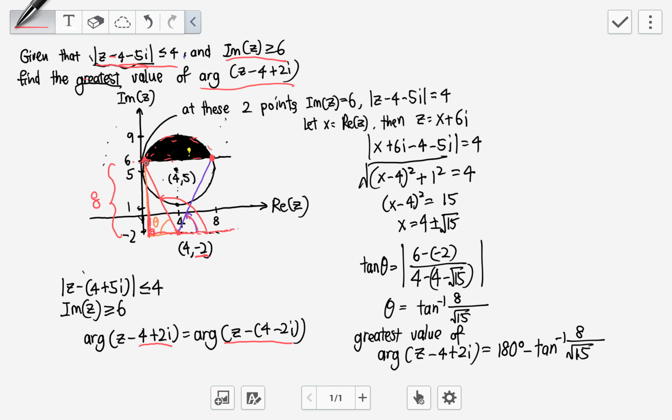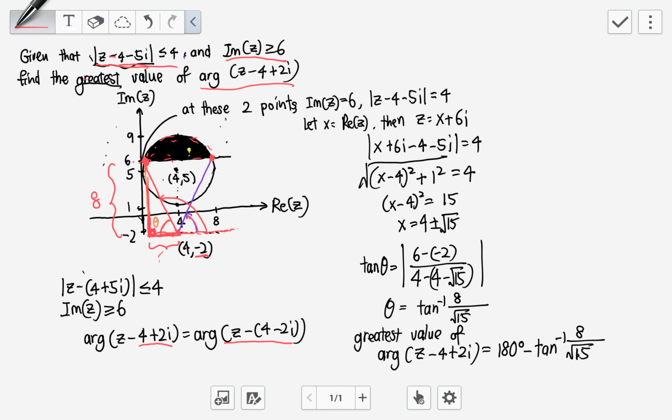We just need to find another side, then we can use the tangent to obtain theta, because tangent is opposite over adjacent in a right-angled triangle. But we don't know the x coordinate of this, so we can't find this. If we knew it, we would just take 4 minus the x coordinate and get this distance, but we don't know, so we have to find that.